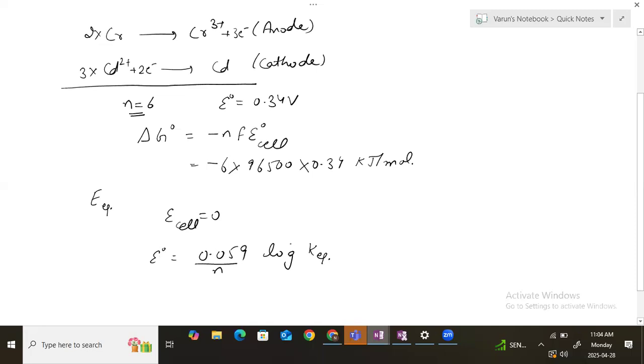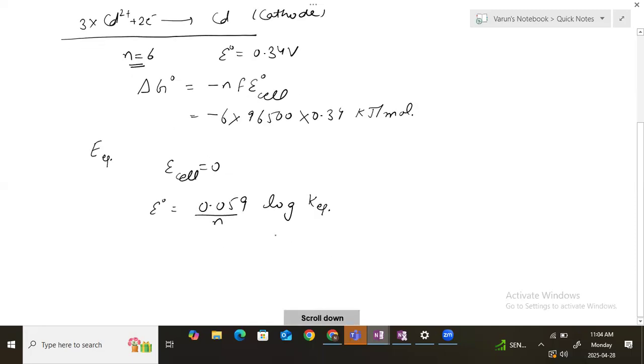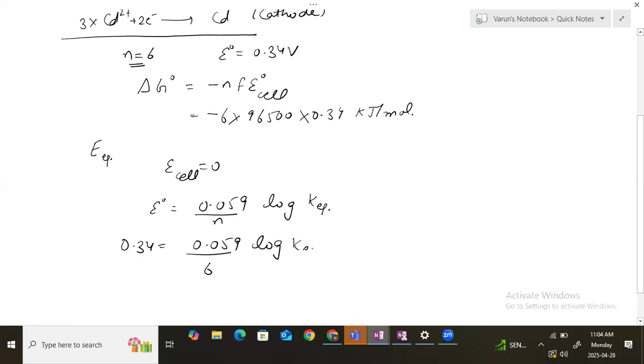E naught given to us is 0.34, 0.059, n is 6, log K equilibrium. Here only one variable you have to find out, that is K equilibrium.